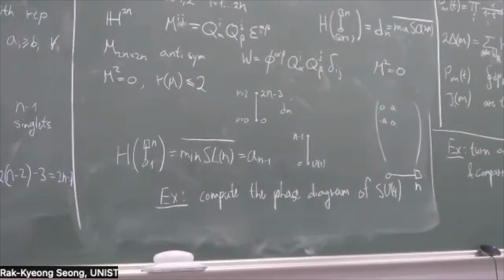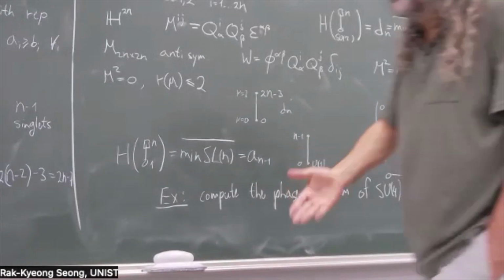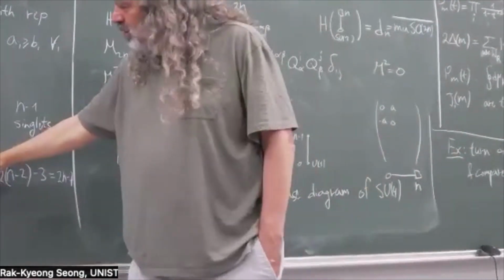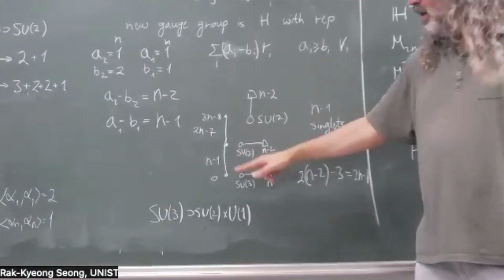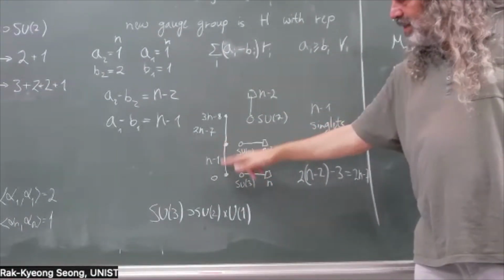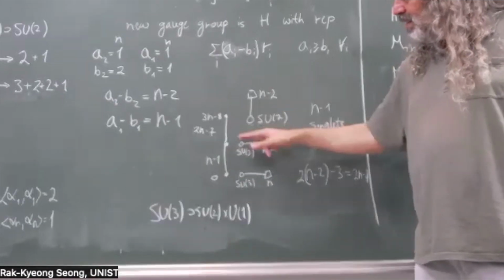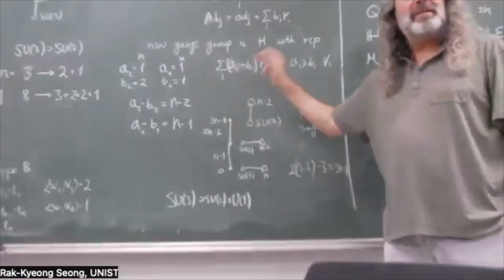So I didn't have a choice. The gauge group which survives here is only SU2, and the commutant of SU2 is U1. So that must be an A slice. And here, this is an SU2 gauge group, and therefore this is a D slice.